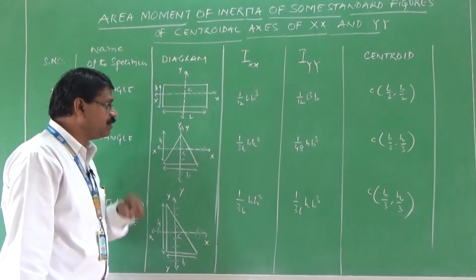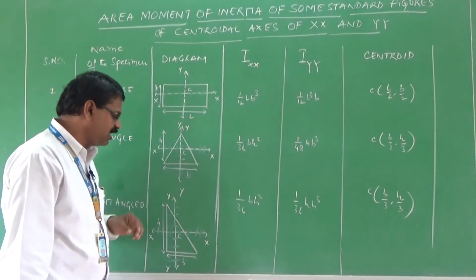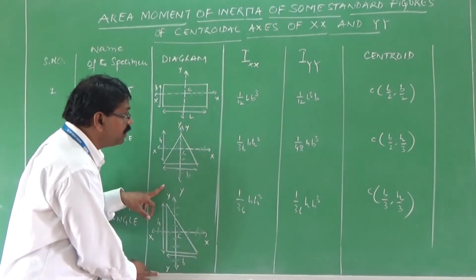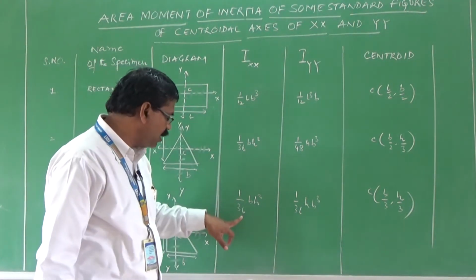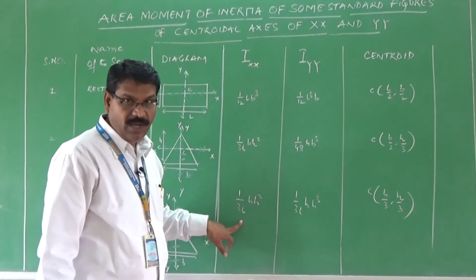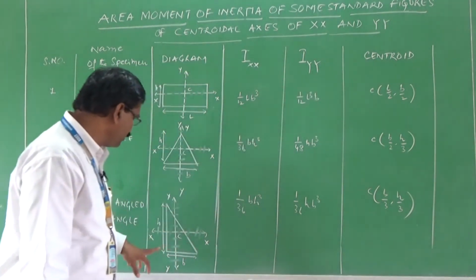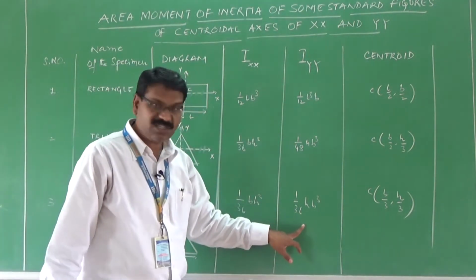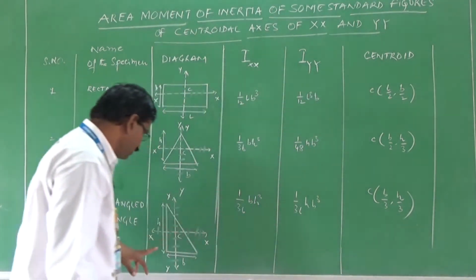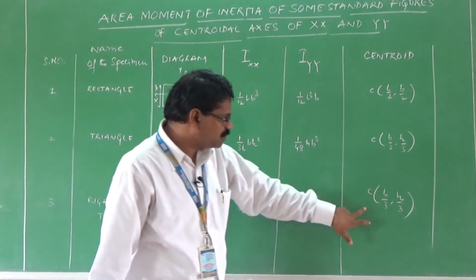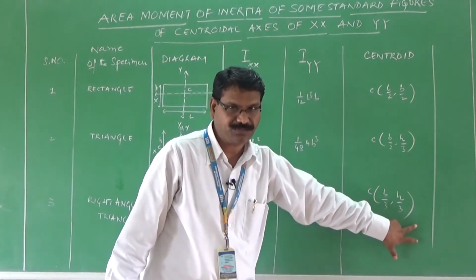For the moment of inertia with respect to the xx and yy directions, I_X of the right angle triangle is 1/36 b h cubed, and I_Y of this right angle triangle is 1/36 h b cubed. The centroid of this right angle triangle is C of B/3 comma H/3.